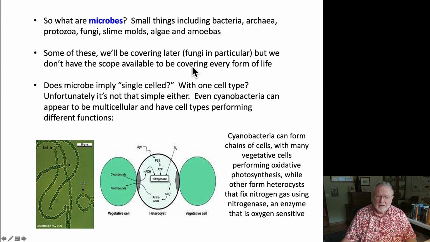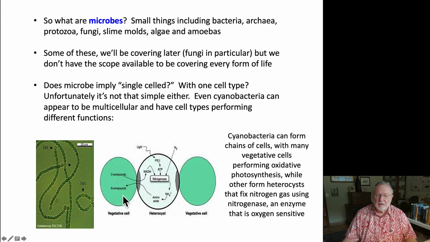But to say that it's single-celled is a bit of a misnomer, because sometimes these single-celled organisms can link together, such as you see here for cyanobacteria, to form a string, where the cells perform different functions.